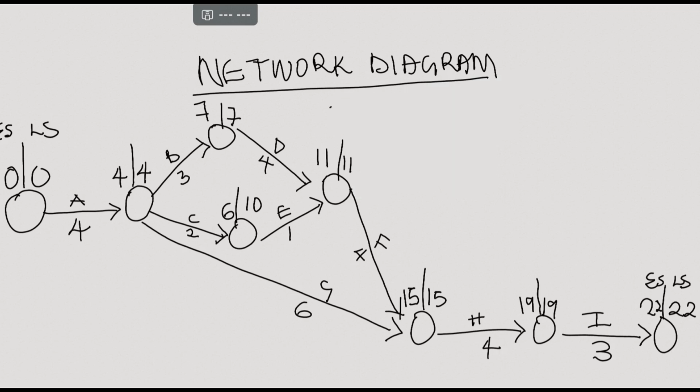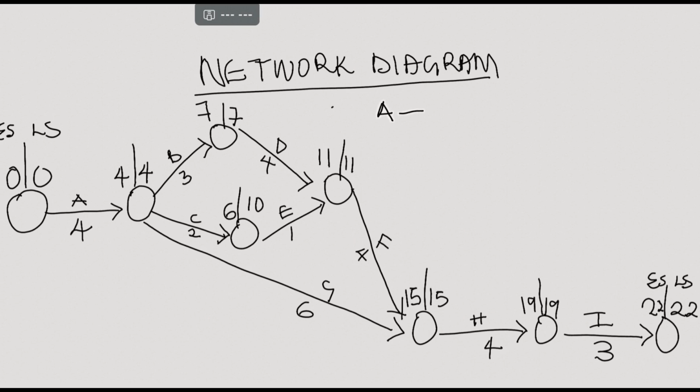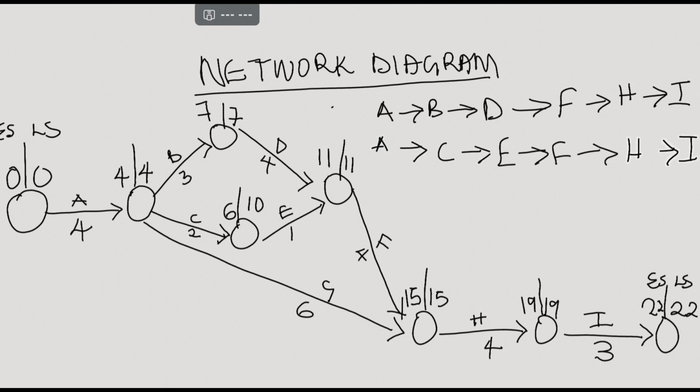So the critical path can be A, B, D, F, H, I, or it can be from A to C to H to I, or it can be from A to G to H to I. But remember, the critical path is always the longest path.